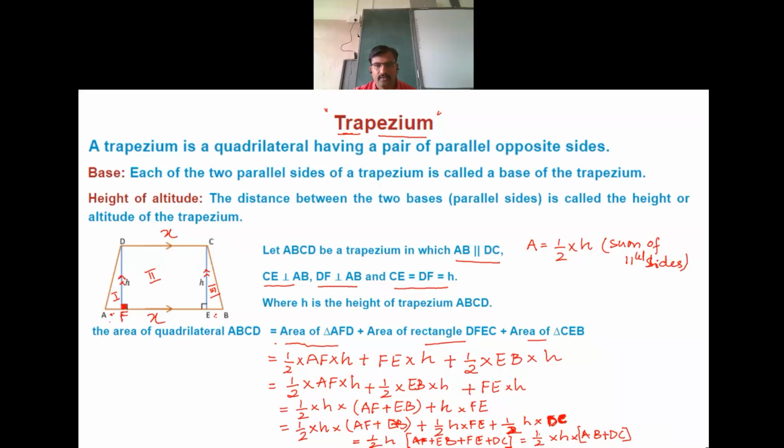the formula of area of trapezium, half into height into sum of parallel sides. Yes, sir, you can ask a doubt. Sir, we can divide it into two triangles and use this formula, no, sir? That is what Abhinav was saying. You divided the trapezium into three parts, two triangles and one rectangle, and then you further divided that rectangle into 2 parts.